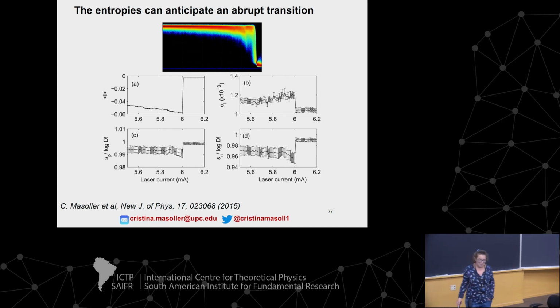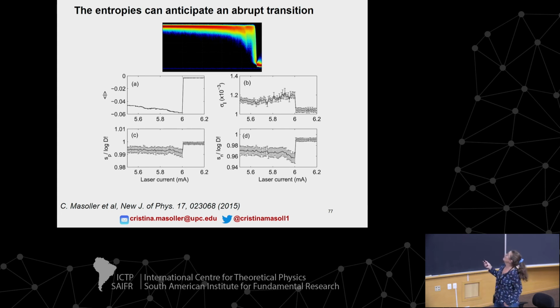Anyway, we also have used them to analyze experimental data to see if we can predict that this transition is going to happen. Here is the mean value, from an amplifier that removes the mean value of the intensity. So that's why this is negative. You don't see any trend here. In the variance, we talk about increasing variance as an early warning indicator.